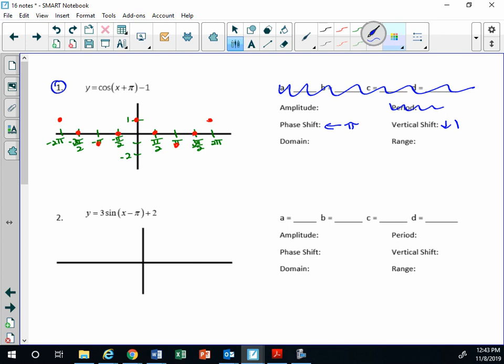Did you guys start with those red dots? Yes? Okay. Look up here and check when you're ready.